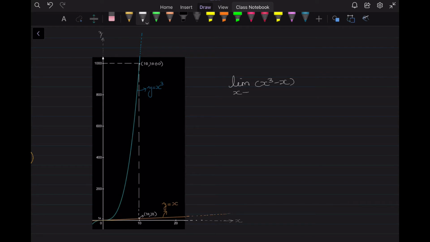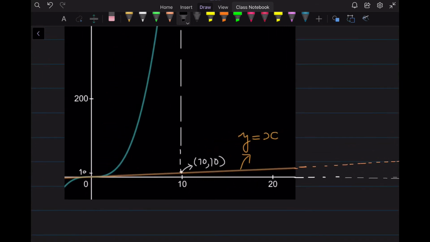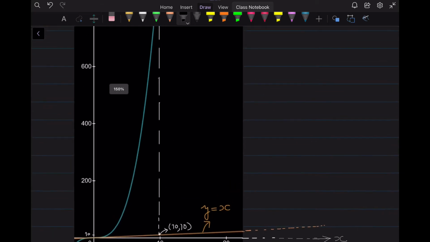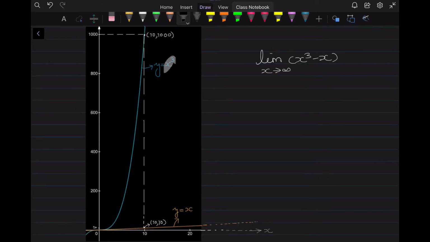Although in order to determine this limit as x approaches infinity, we are only interested in large values of x, just to get an intuition, for instance, let's consider x is equal to 10. We can see that when x is equal to 10, this function x becomes large just by 10 units, whereas the function x cubed becomes large by 1000 units.